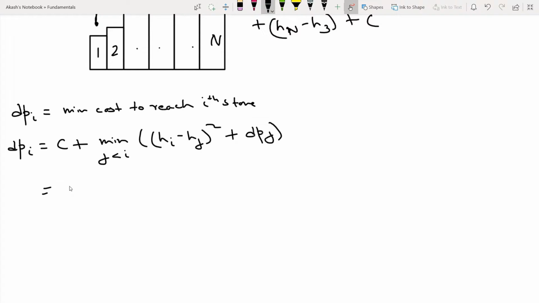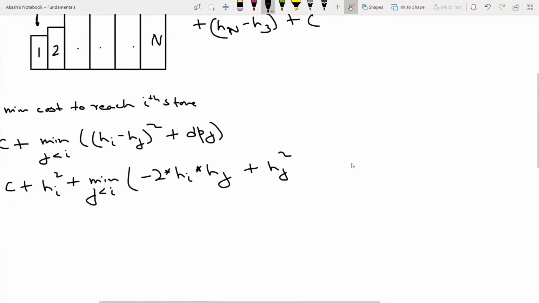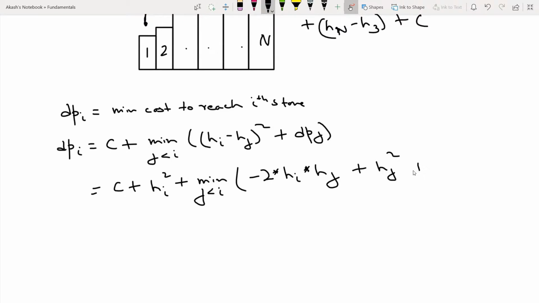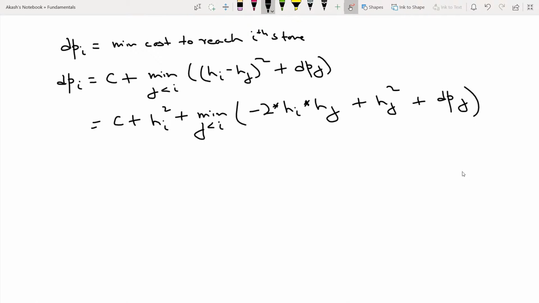So I'm writing it in this way: c plus hi squared plus minimum over j such that j is smaller than i of minus 2 into hi into hj plus hj squared plus dp j. Now we can see if we replace hi by a parameter, that is x, this is an equation of a straight line.